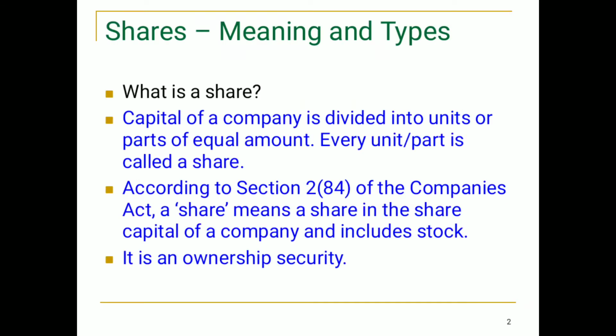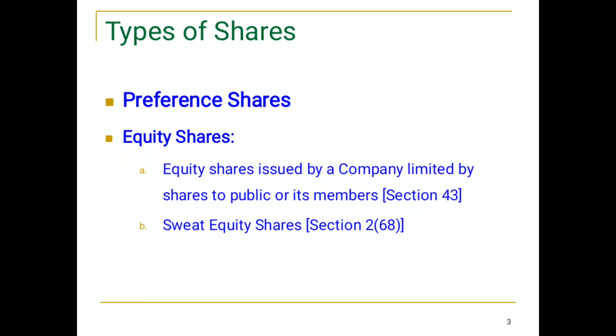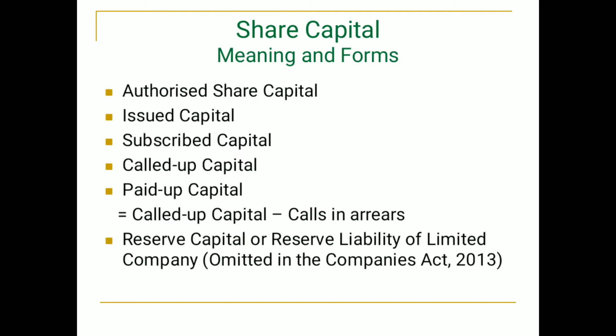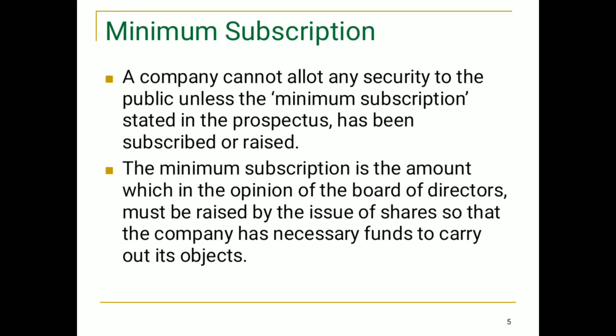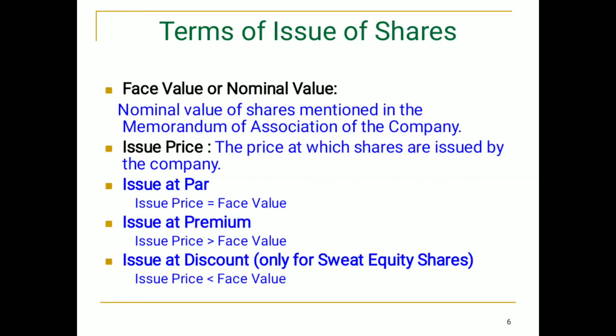The very first thing that we understood in the first lecture is what a share is and what its types are. Then we understood the classification of capital of a company: authorized capital, issued, subscribed, called up, paid up, reserve capital, etc. Then we understood what minimum subscription means, and the terms of issue of shares.